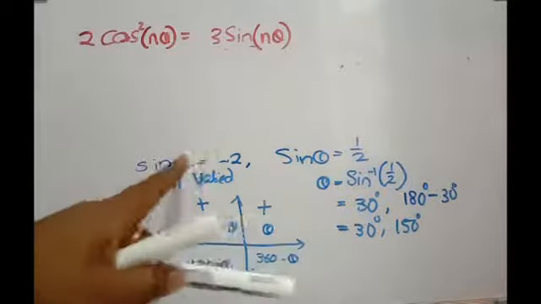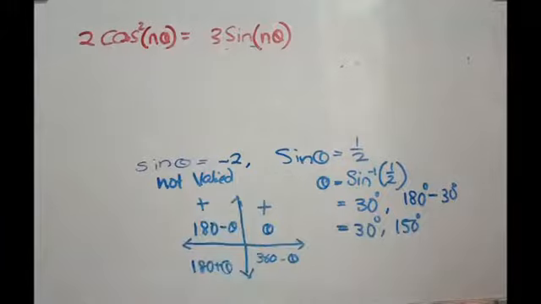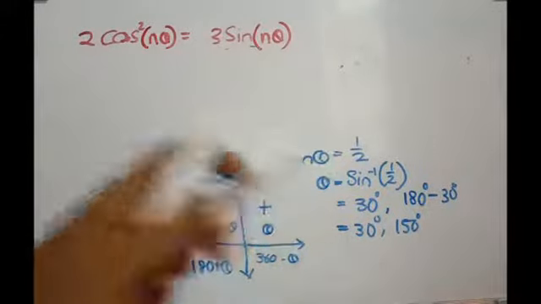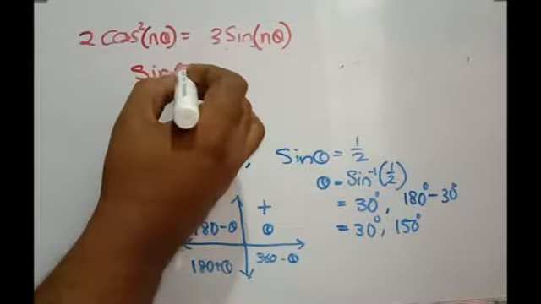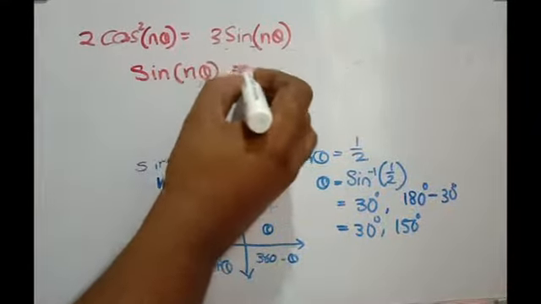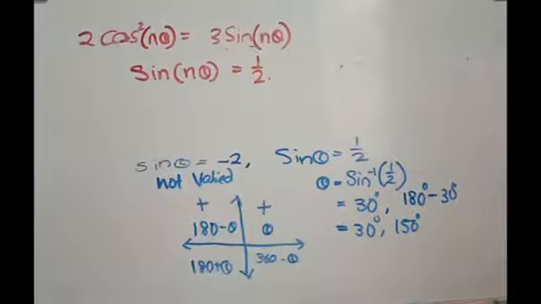Just take the value of sine as 1 by 2, so in this question, sine n theta is 1 by 2.